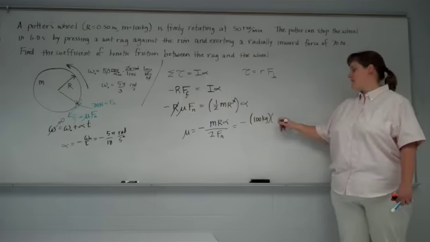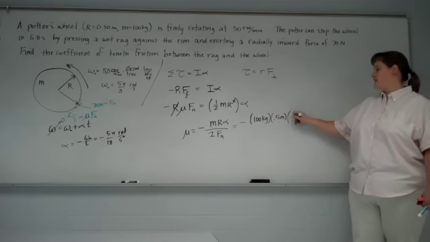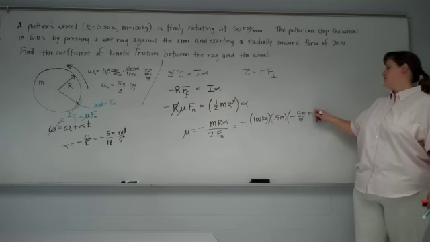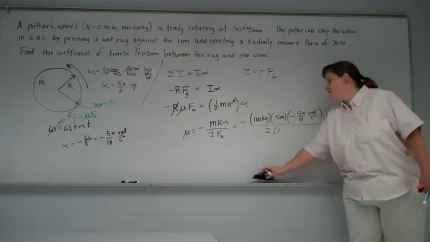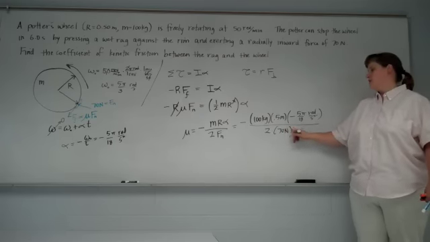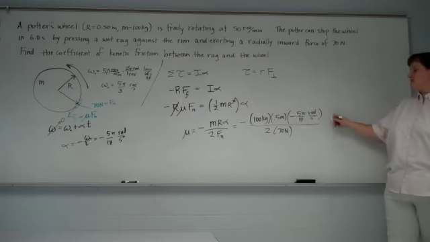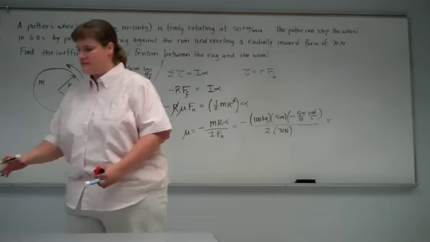Our radius is 1/2 meter. Alpha, we've already calculated, negative 5 pi over 18 radians per second squared. Normal force, 70 newtons. The negative signs are going to cancel, which is good. It doesn't make sense to get a negative coefficient of friction.